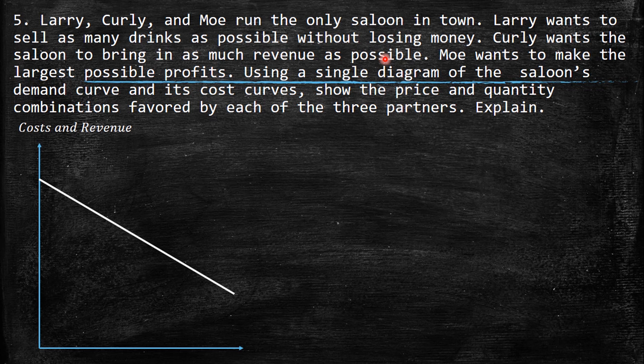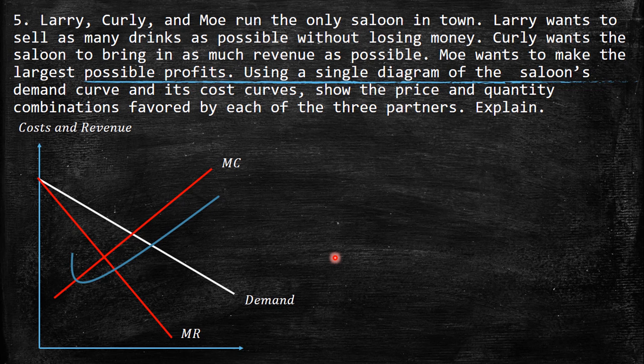Here we have the cost and revenue, here we have the demand, and here we have the marginal revenue, which as we saw previously, starts from the same point but goes downward with a steeper slope. Here we have the marginal cost, which represents the supply curve, and here we have the average total cost. As we saw in the previous video, it is cut exactly at its minimum point by the marginal cost.